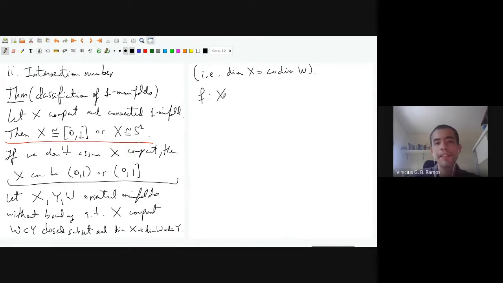If f is a function from X to Y which is transverse to W, I can look at the preimage of W by f.